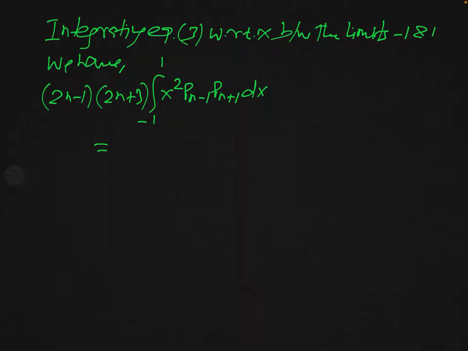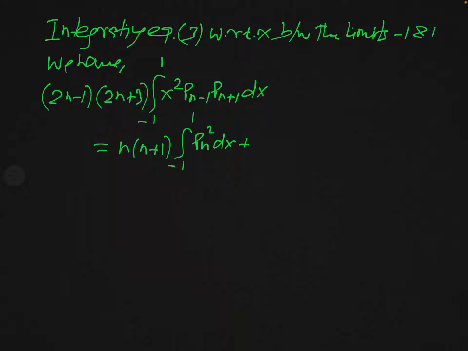See the first term. The first term is n into n plus 1, and this is a constant factor, so it will be outside of the integral, and so this is integral from minus 1 to plus 1 Pn square dx, plus. Now see the second term in RHS.